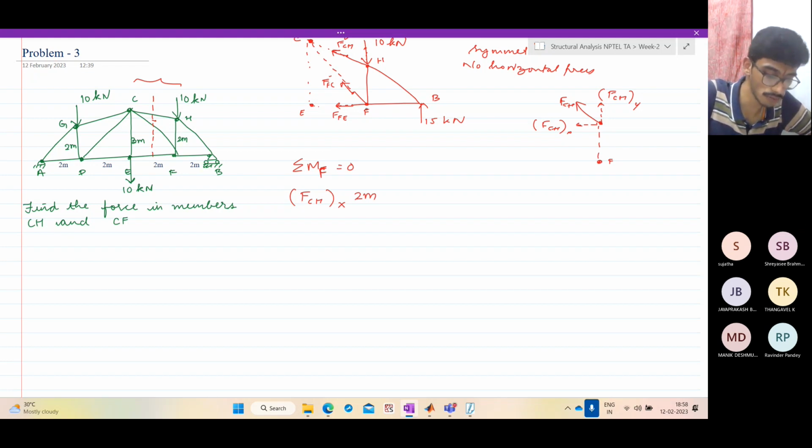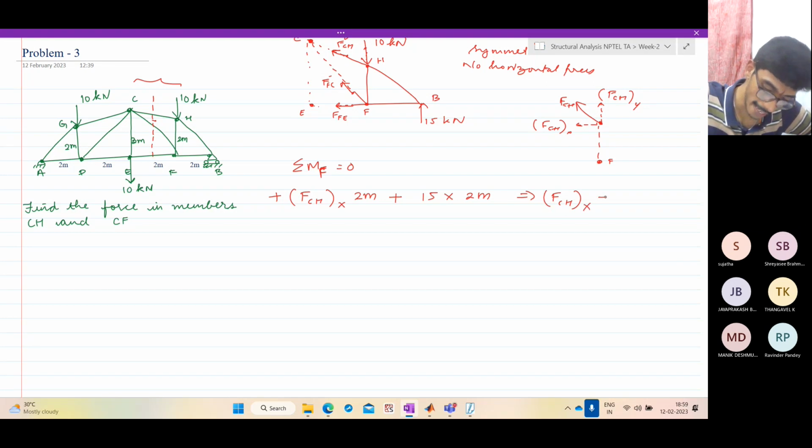The 10 kilonewtons also acts through F, so it will not contribute. Plus the reaction at B, right? So 15, and this is positive because it is counterclockwise, plus 15 acting at how much is this? That is also 2 meters. So which gives the FCH horizontal component as 15 minus 15 kilonewtons.